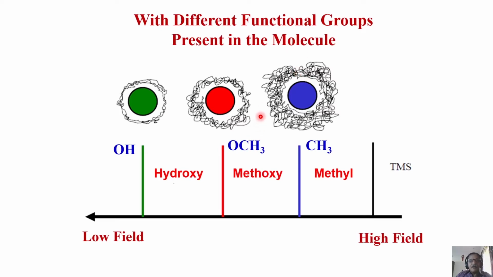What do you expect when I take a methoxy group? There is an oxygen attached to the CH3 group. It is an electronegative atom. It withdraws electrons from the CH3 protons. As a consequence, what happens? Shielding reduces. So the same CH3 proton without any electronegative atom, let us say it comes here.